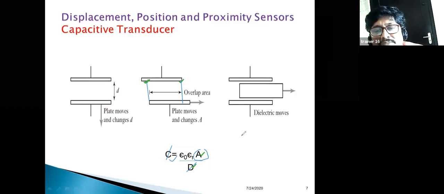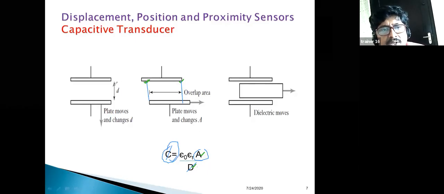And then between the two plates, the dielectric, that means a change in the medium. If there is a change in the medium between the two plates, automatically the capacitance changes. So the capacitance mainly depends on the overlap area, the distance between the two plates, and also the medium between the two plates, that means the dielectric. Once the capacitance changes, automatically the voltage changes.